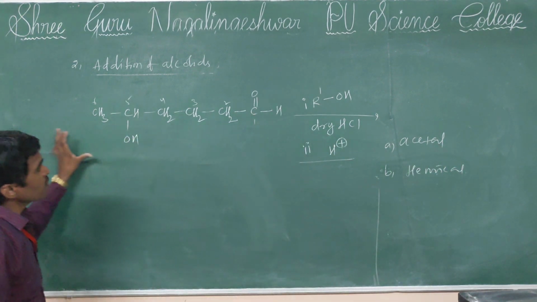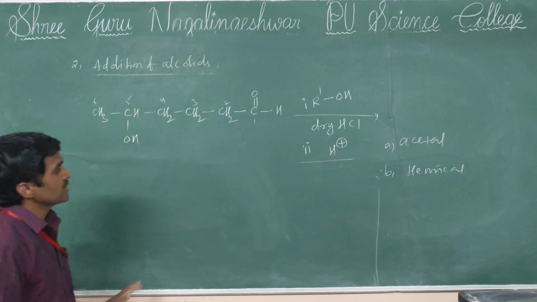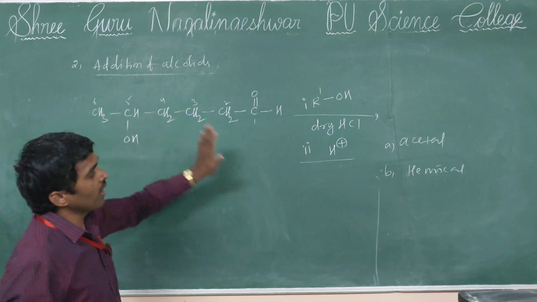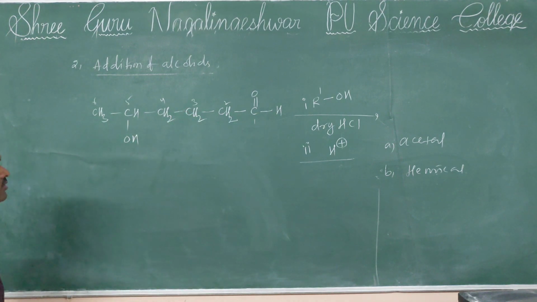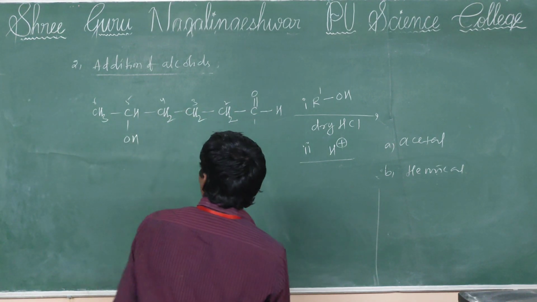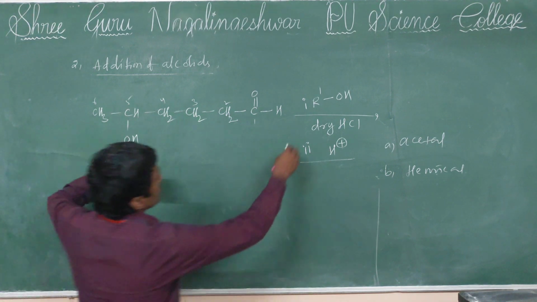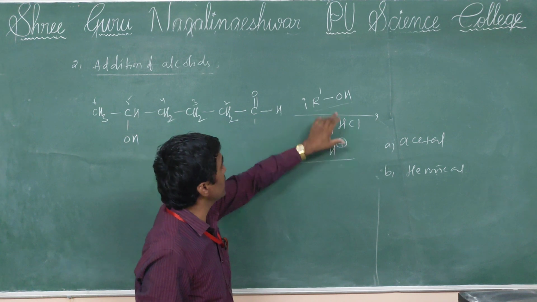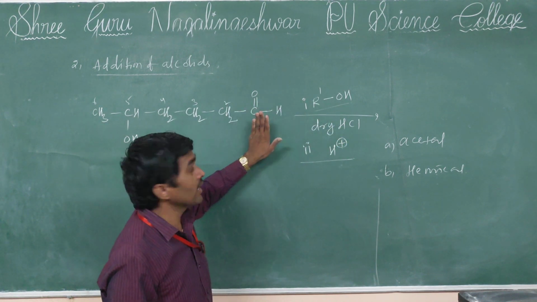So this type of question is given, you should not get confused. It's very easy. This reaction also depends upon the addition of alcohol. Now see, first the alcohol reacts with the carbonyl group in the presence of dry HCl and undergoes an addition reaction.